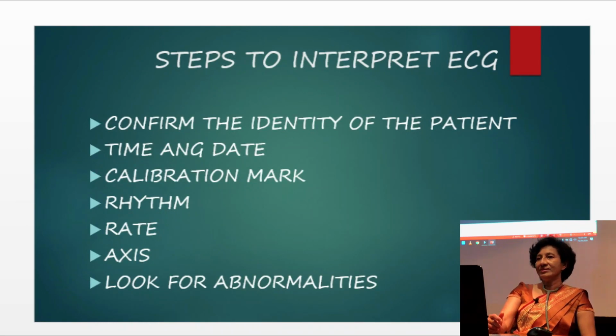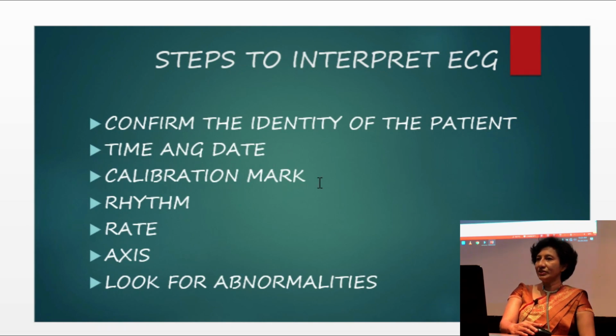Now the ECG is in your hand, running between your index and the middle finger. First, confirm the identity of the patient by comparing the patient's name with initials and the BHT number, and note down the time and date on which the ECG was taken.